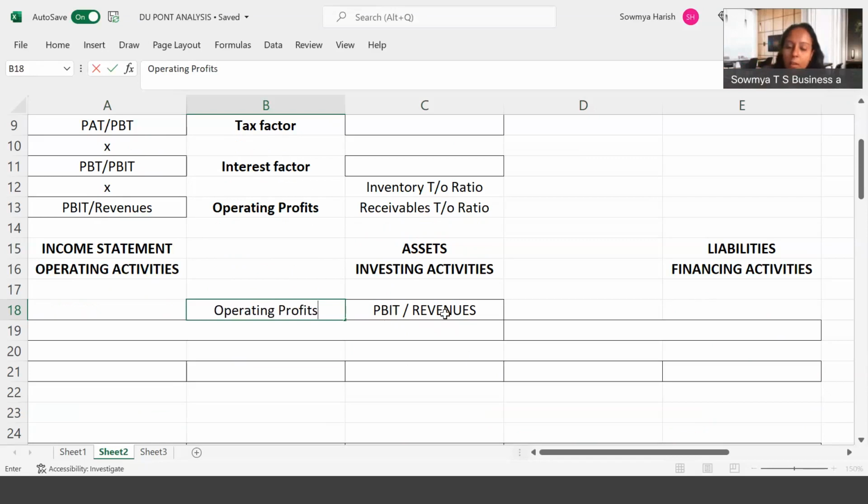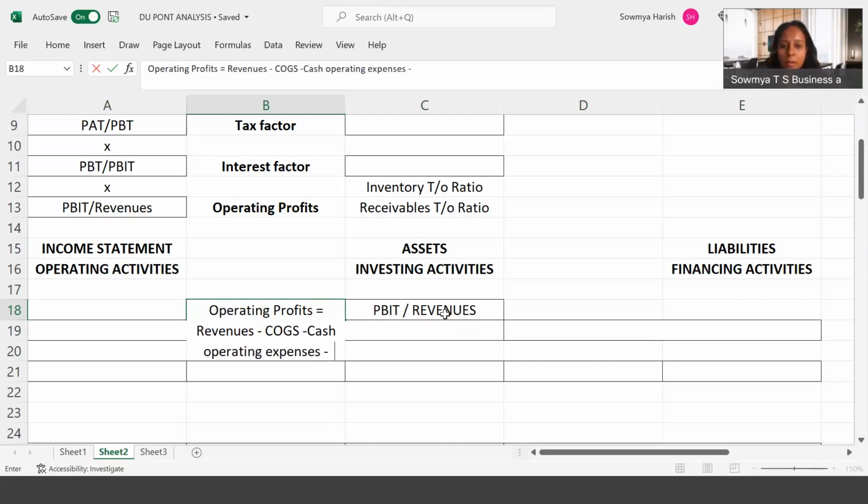How we compute operating profits is, out of your revenues, we deduct the cost of goods sold, and we also deduct cash operating expenses, and deduct depreciation and amortization.